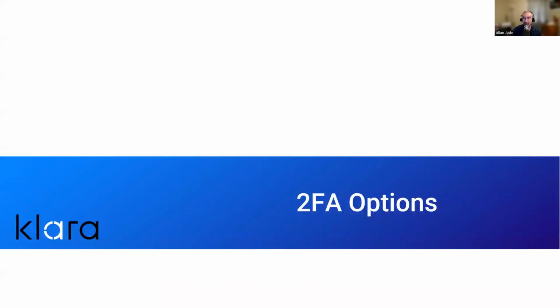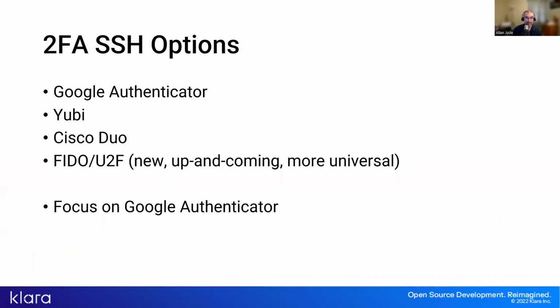So now we're going to talk about, Michael briefly touched on it, some of the options you have for two-factor authentication. The first is to use an authenticator app like Google Authenticator or Microsoft Authenticator, which is basically something that you can just install on your mobile device or other thing and have as a way to provide that second factor.